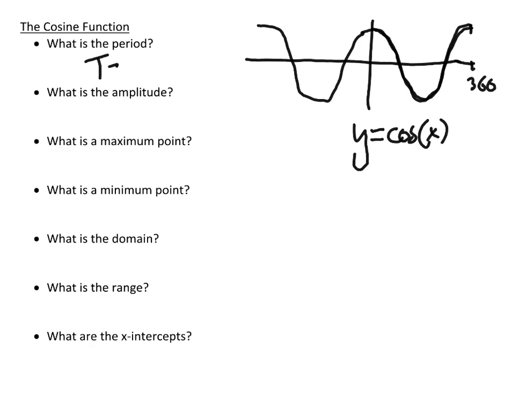So the period is also 360 for a cos function as well as a sine function. And the amplitude, if I sketch a middle line on here, here's the midline. The amplitude is the distance to the highest point, and that highest point was 1. So the distance from the midline to the highest point is 1, so the amplitude is 1.